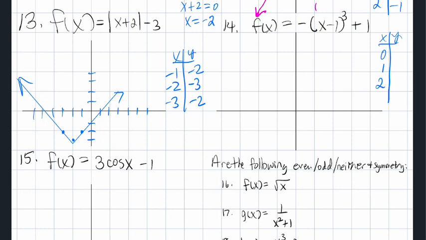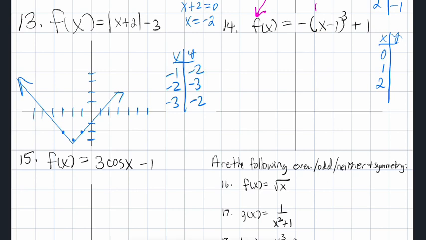So let's plug those points in so we can get a good idea what our cubic is doing. Now, hopefully you realize that this is going to flip it upside down. So instead of being like that, it's going to be like that. And then this should move it right, and this should move it up. So you can do those transformations if you want. You graph whatever way you want to do it.